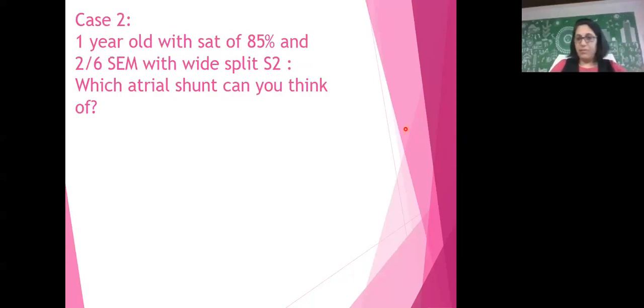Could be TAPVC, total anomalous pulmonary venous connection, which is not obstructed, because obstructed TAPVC does not present like an ASD. They will be sick, small heart, wet lungs, but a non-obstructed TAPVC can present like an ASD.